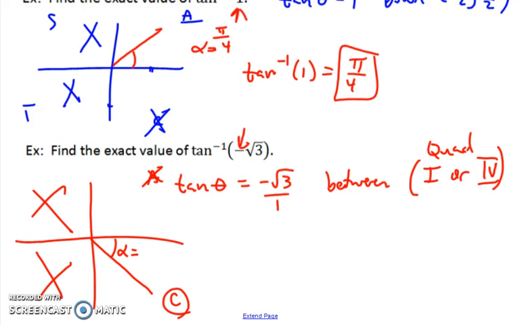You're standing at the 60-degree angle, or at pi over 3. So if that's the case, then the arctangent of negative root 3, that angle, I can only go between negative pi over 2 and positive pi over 2. So this is going to have to be negative pi over 3 in order for me to get there.